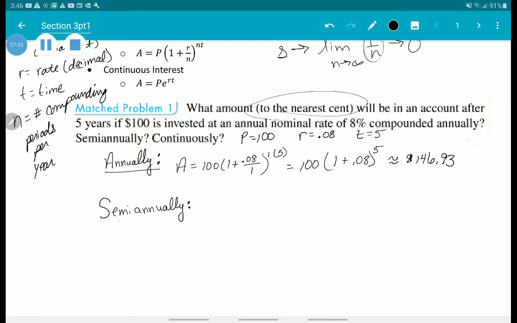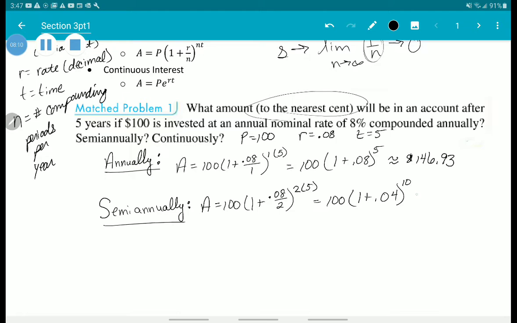Now let's look at semi-annually. Semi-annually means twice a year. So A equals P times 1 plus the rate divided by N to the NT. Let's simplify. 0.08 divided by 2 is 0.04.